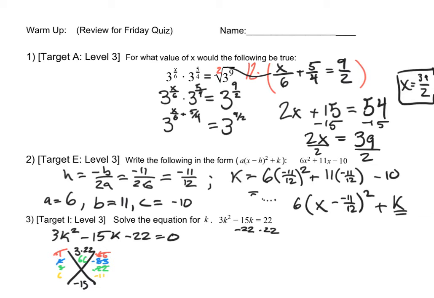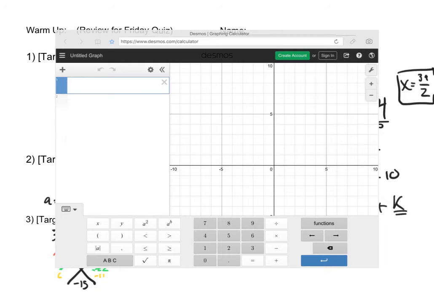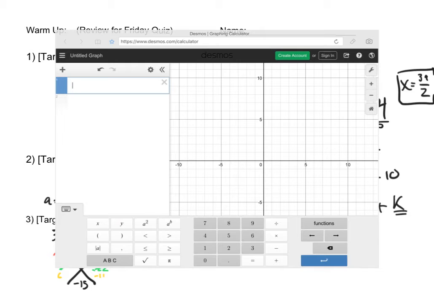Well, that's gross. So the only thing that we can do is bust out Desmos. So get our handy dandy graphing calculator and then type in our equation.